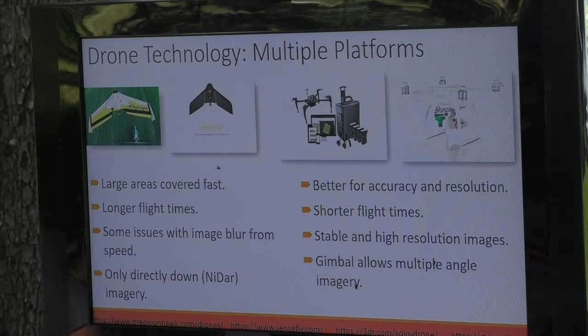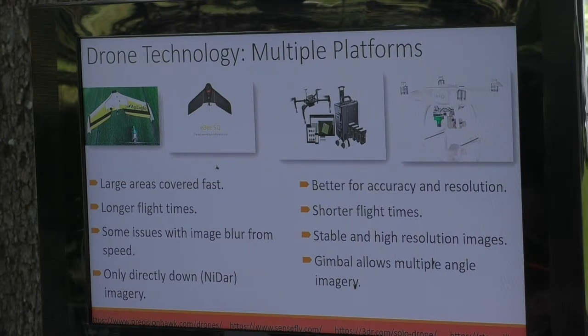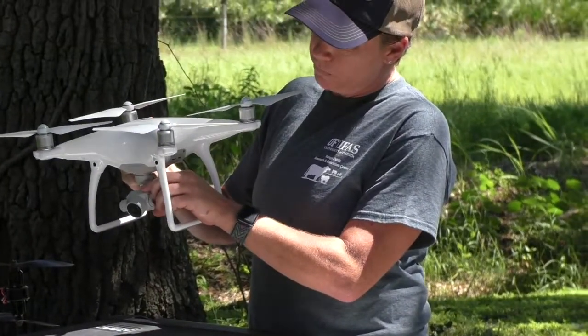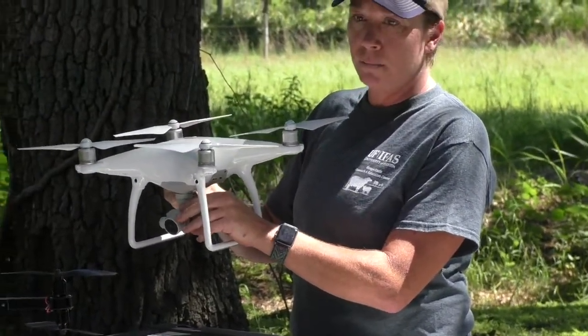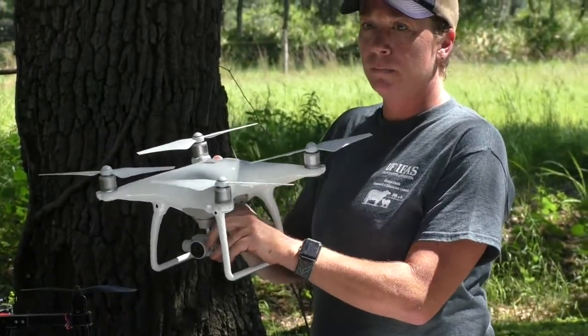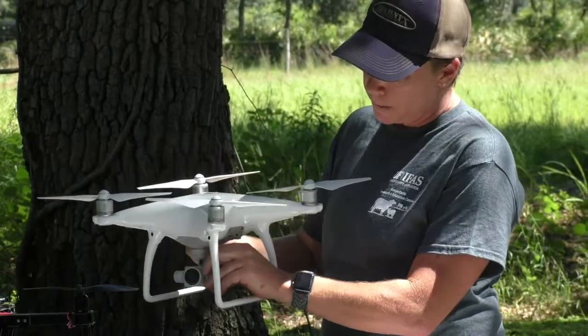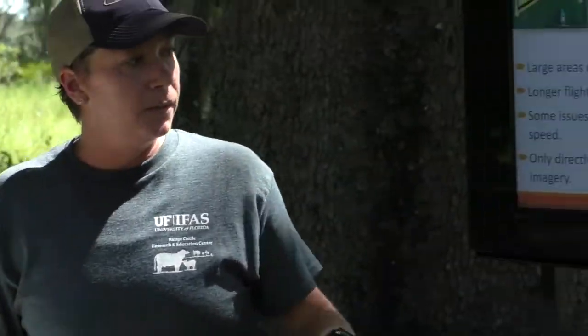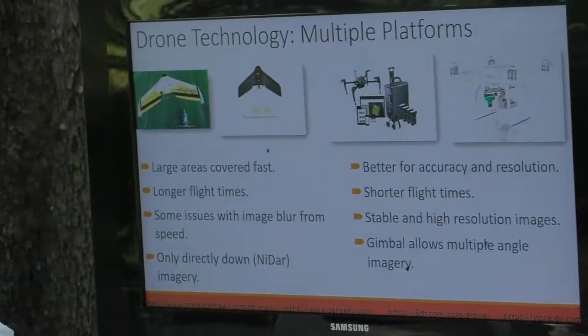And they have a gimbal. So the camera is on a gimbal. If you set the angle of this camera and the drone moves, that angle is going to stay the same because it's on a gimbal. So it keeps it really smooth and a good clear image.